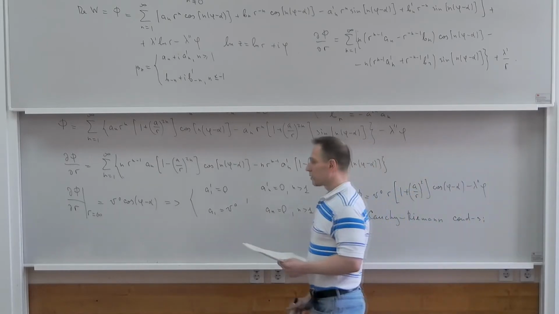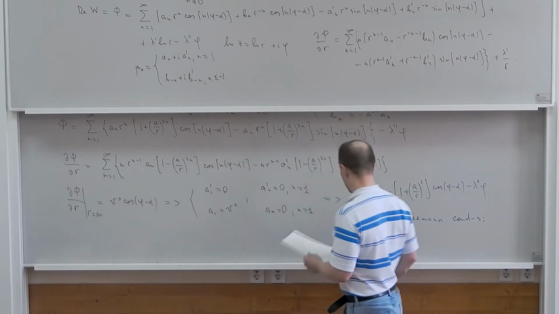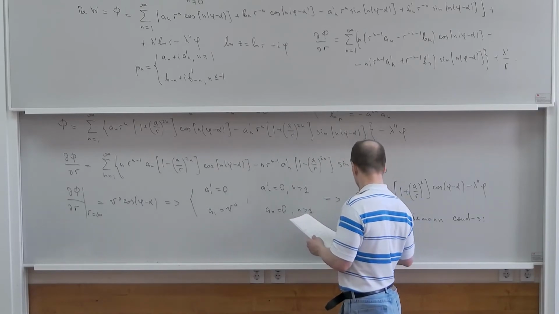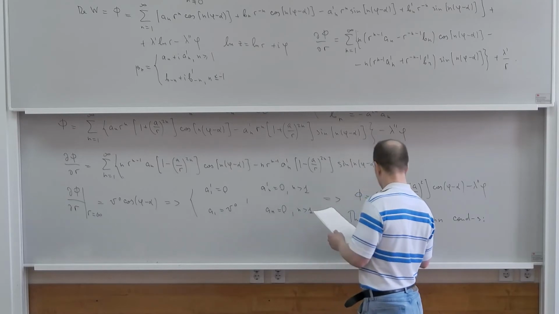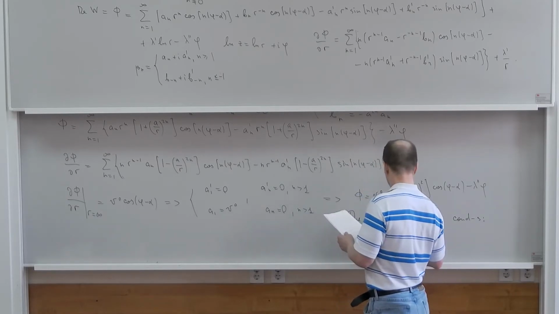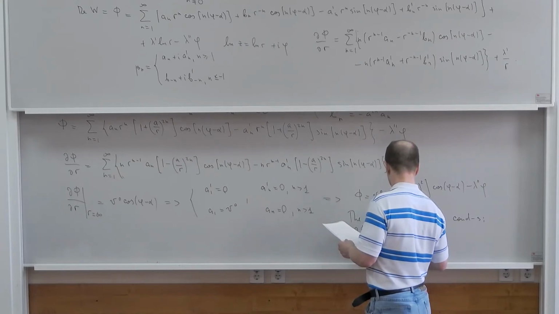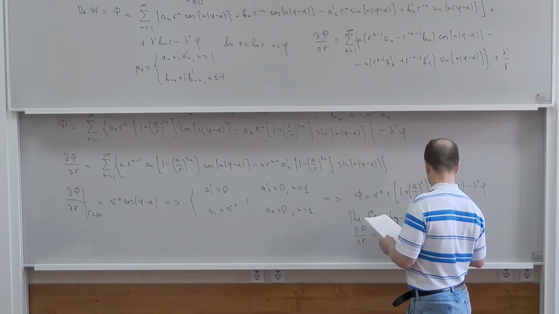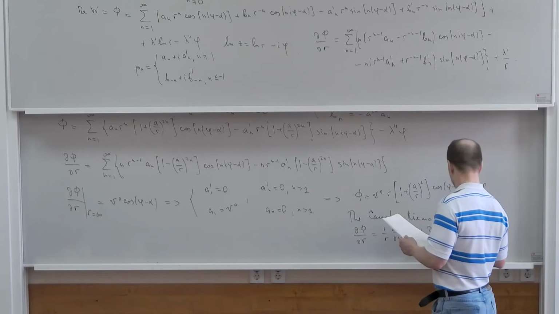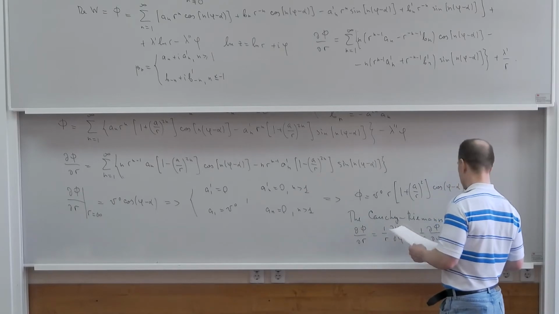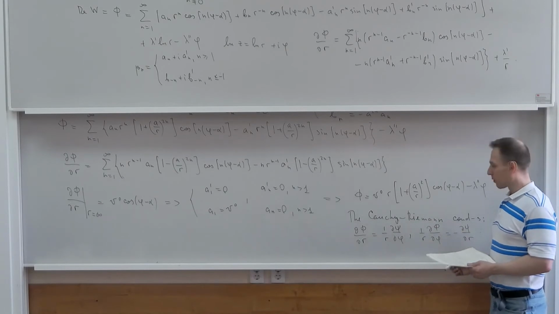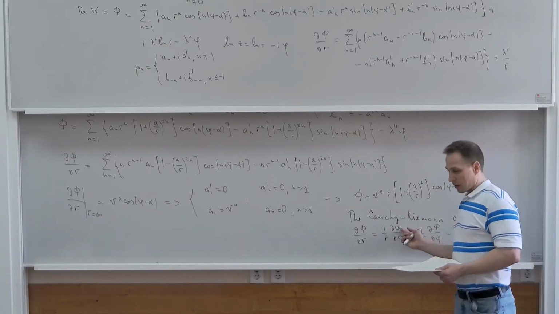Cauchy-Riemann conditions in the cylindrical coordinate frame. They look as follows. In fact, these conditions can be regarded as a system of equations on the function psi.